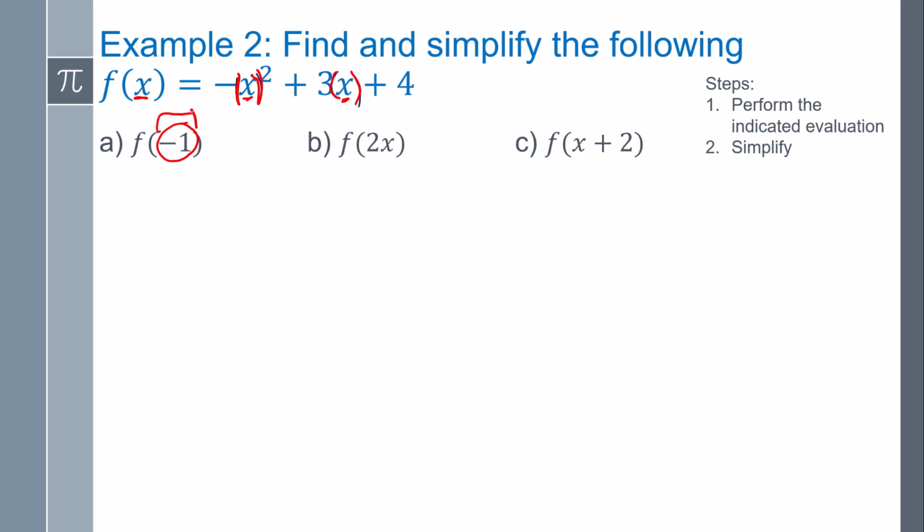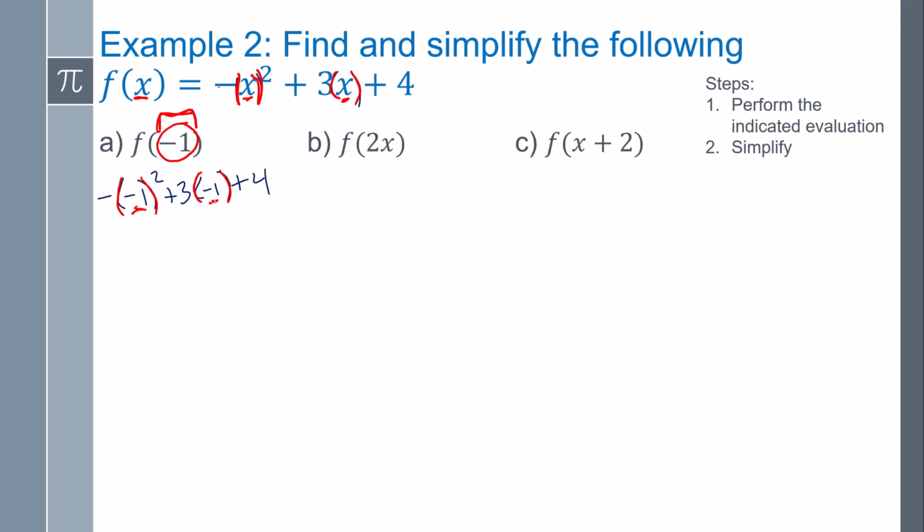If I have a -1, that means I'm going to put a -1 into those parentheses. So if I looked at this as negative parentheses squared plus 3 times parentheses plus 4, I'm plugging in -1 into those parentheses.